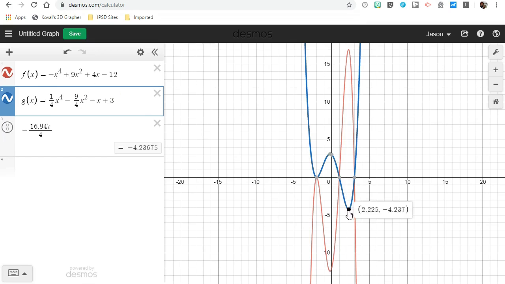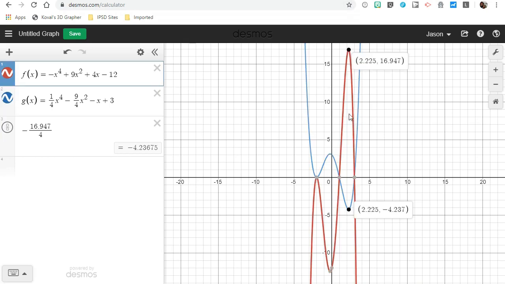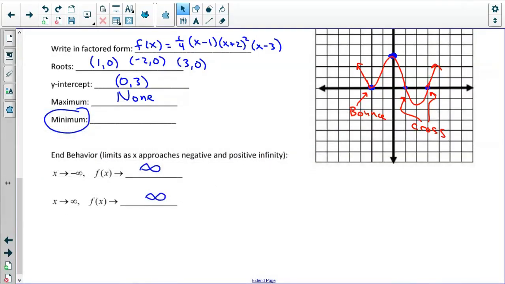And so notice that the maximum of the red graph and the minimum of the blue graph are at the same x values, and then the y values are just multiples of 4, basically, of each other. And so I can finish the problem by writing the minimum of this at (2.225, -4.237).